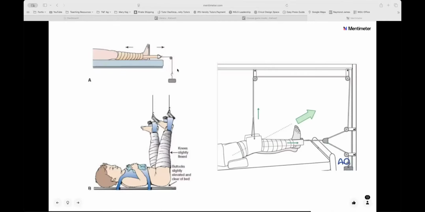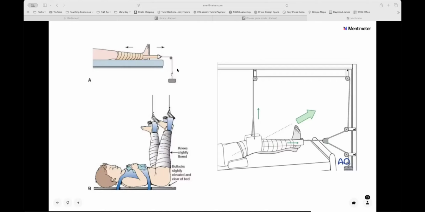We have one pulley. Is that the manual? No. Is it like a Bucks traction? Yes, there we go. Bucks traction. So we're using our body as our counterweight. And we're using a weight down at the end of the bed to pull that bone back into alignment there.